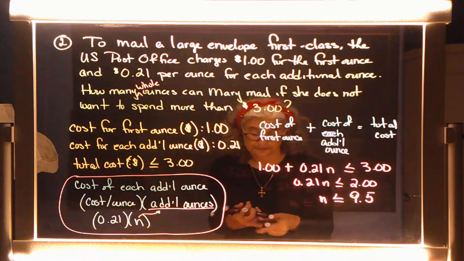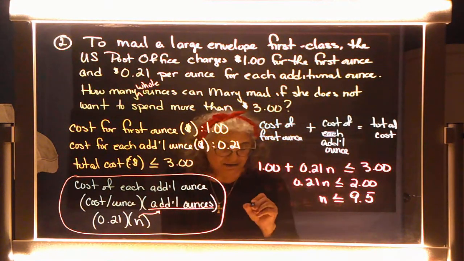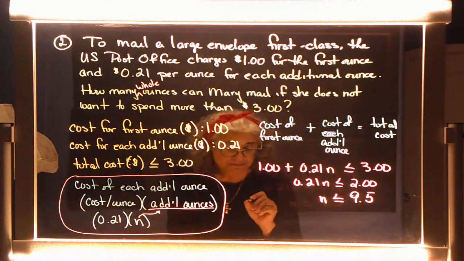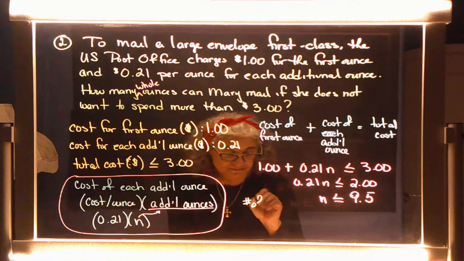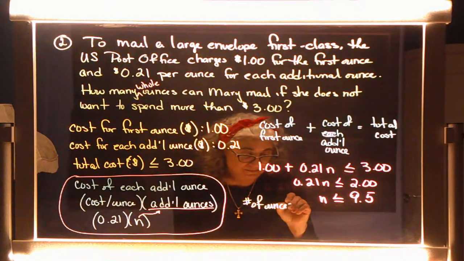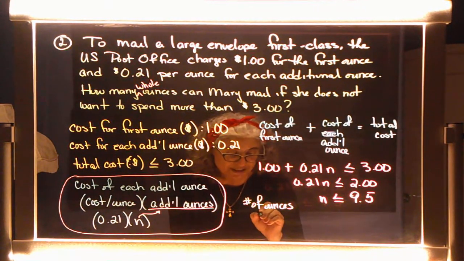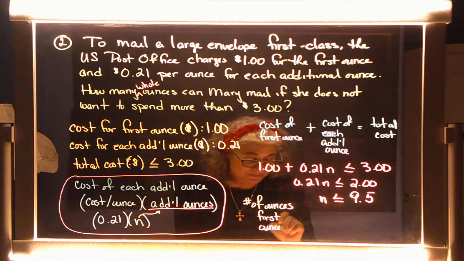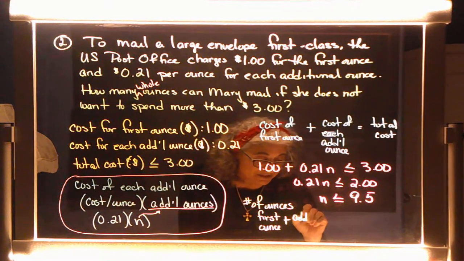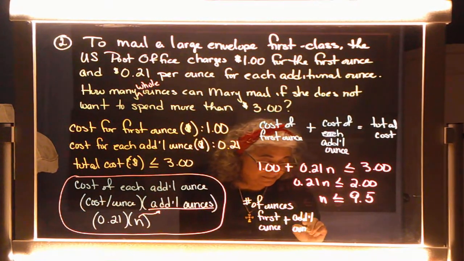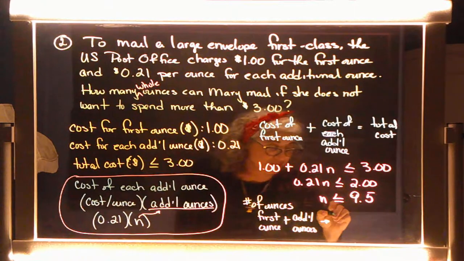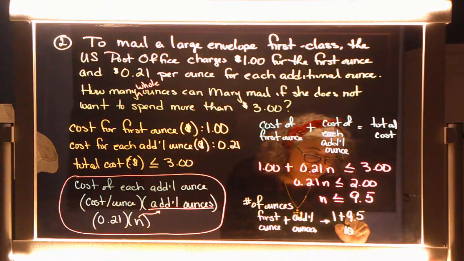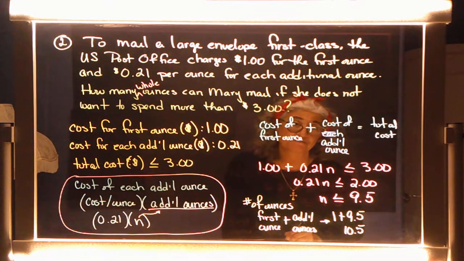So the number of ounces is going to be the first ounce, right? Plus additional ounces, right? And that's going to be 1 plus that 9.5, right? So that's 10.5, isn't it?